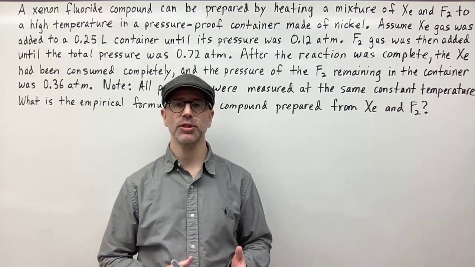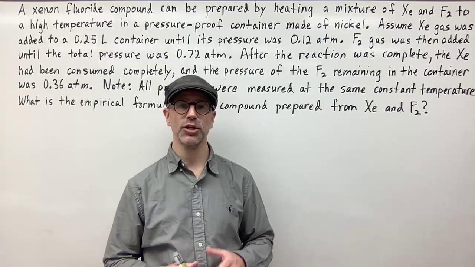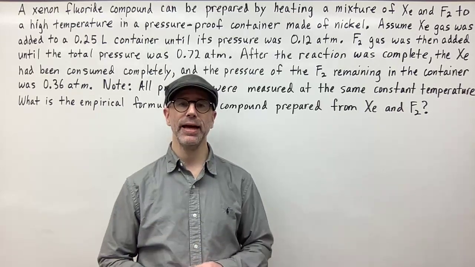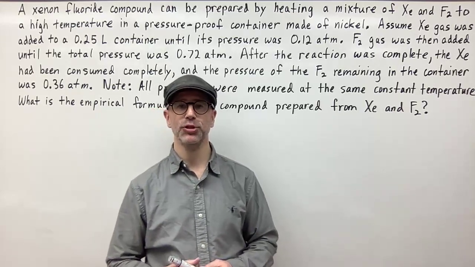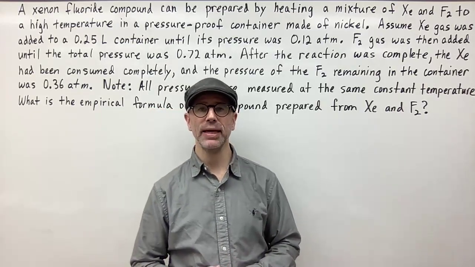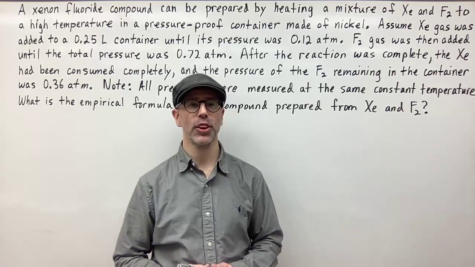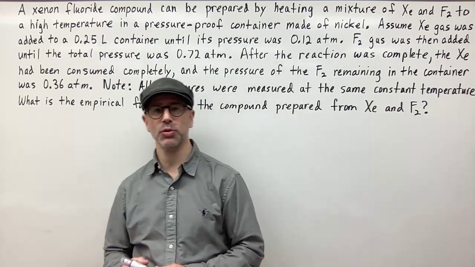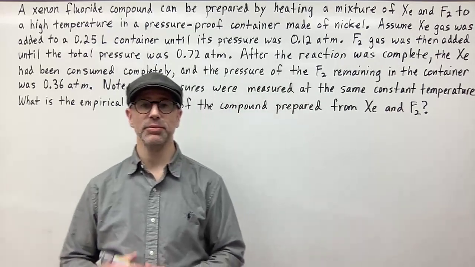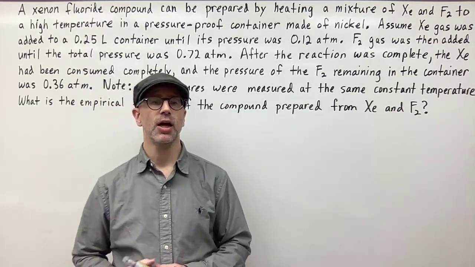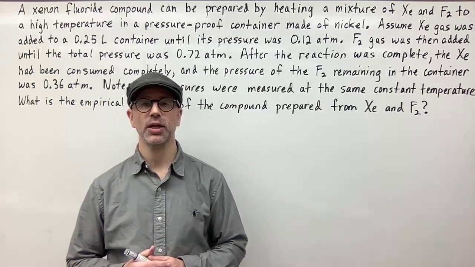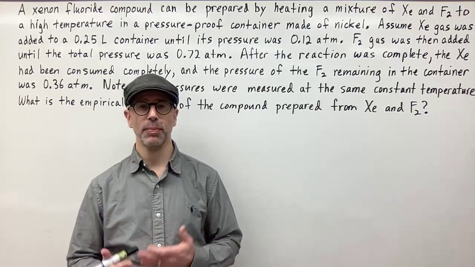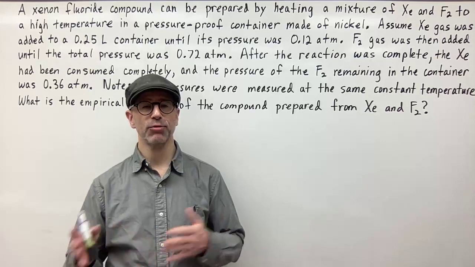After the reaction was complete, the xenon had been consumed completely, and the pressure of the F2, or the fluorine remaining in the container, was 0.36 atmospheres. Note that all the pressures were measured at the same constant temperature. What is the empirical formula of the compound prepared from xenon and fluorine?